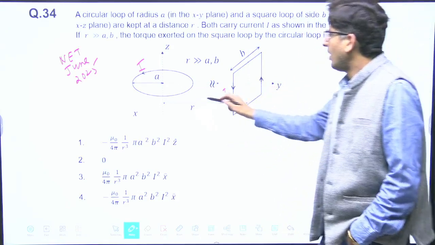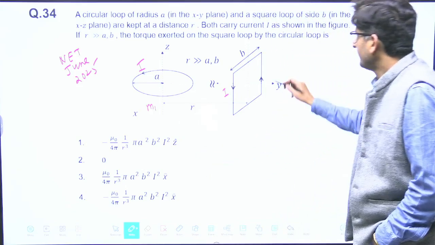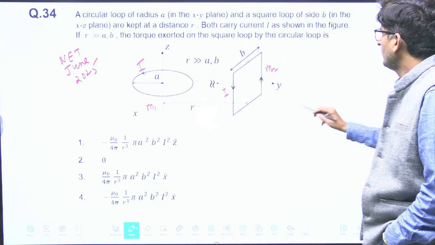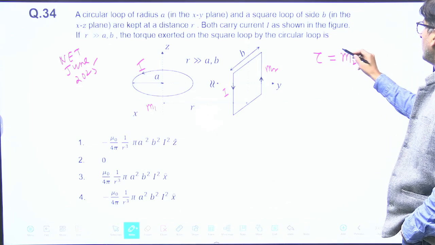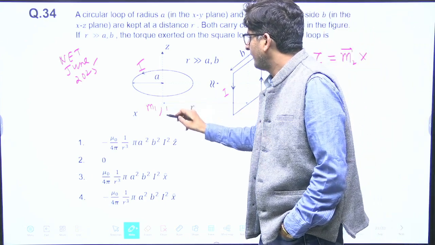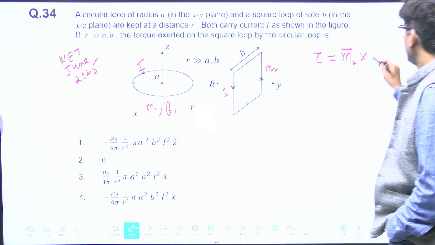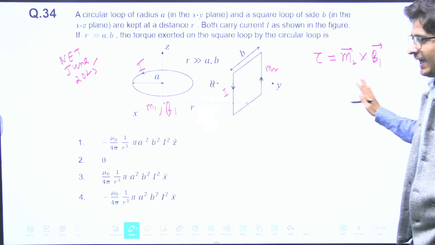So if I call the magnetic moment of this as M1 and this as M2, our torque will be M2 cross, let's call the magnetic field by this as B1, cross B1, correct? So this is the exact thing.